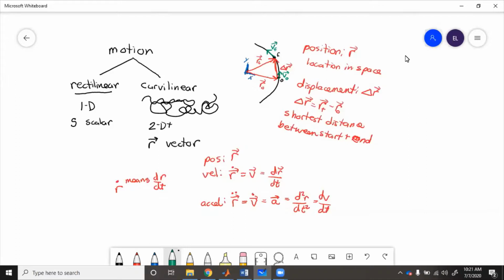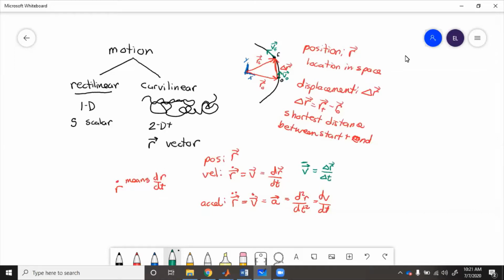So now average velocity is going to be the velocity average over that interval. That is velocity, and then it's got the bar over it. The bar means average. So that equals the displacement, so delta r over delta t.